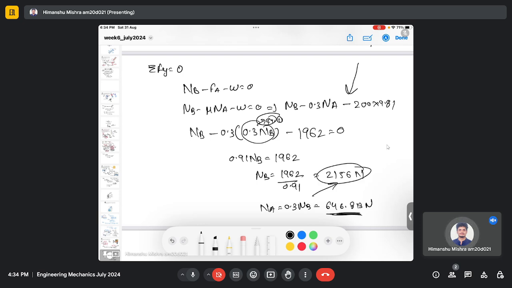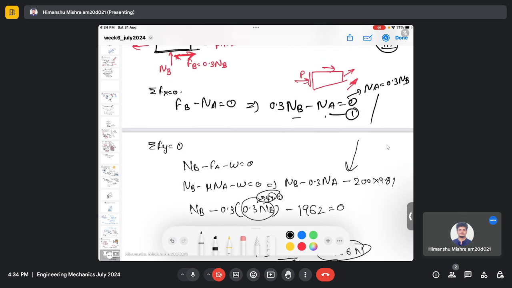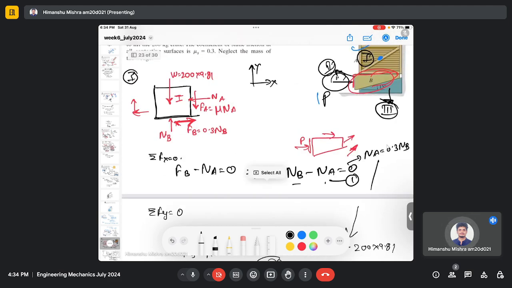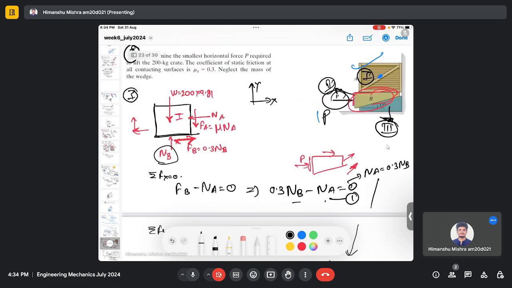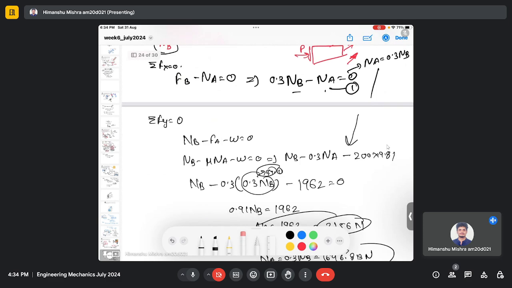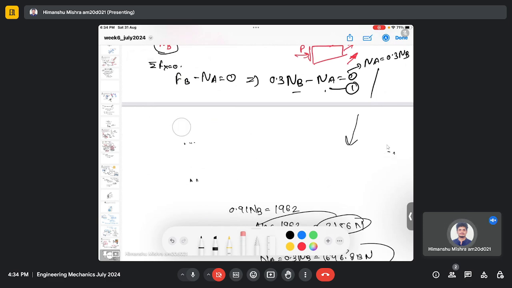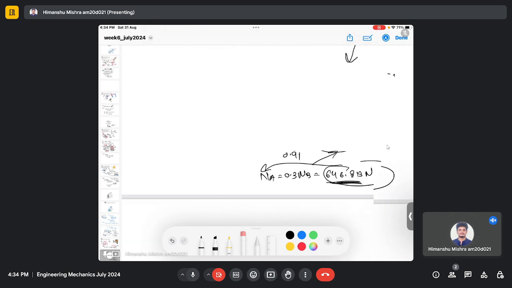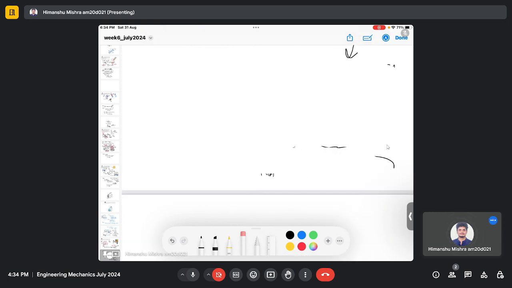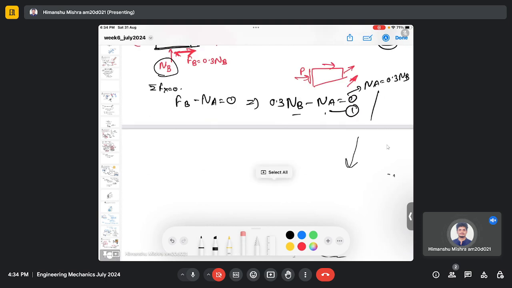So this is your Nb and this is your Na. Once you have found the normal reactions, now switch to body 2, because the same normal reactions at point B will be there on body 2. So here we found Na was 646 and Nb was 2156.